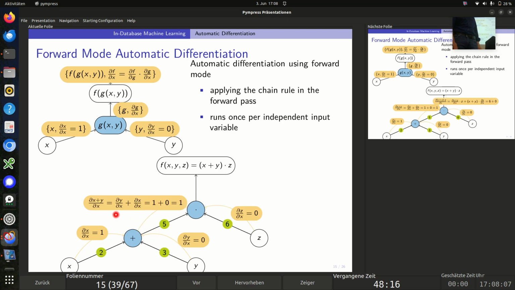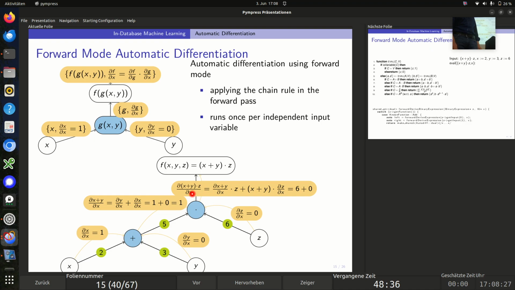So we first evaluate the function, so it's 2 plus 3, it's 5, and in the same path we need the derivatives for addition, and it's also just the addition of the derivatives, it's 1, and then we also need the derivatives for the multiplication, and this is 6, and we end up with the same result, so the whole function derived with regard to x is 6. But that's how the forward mode works.